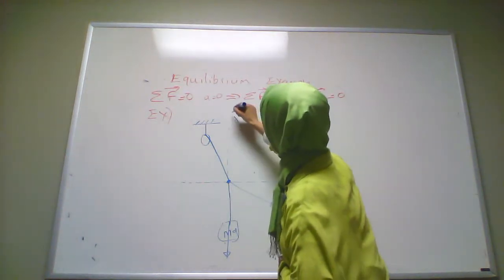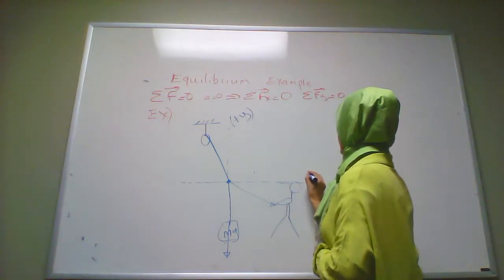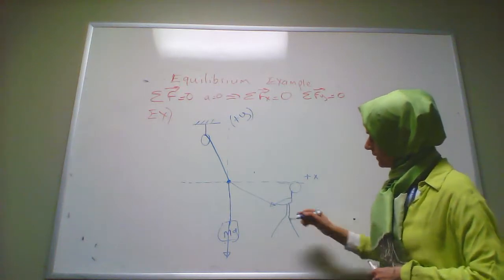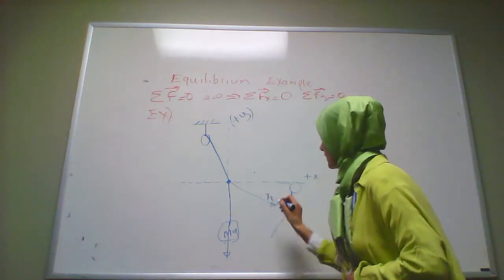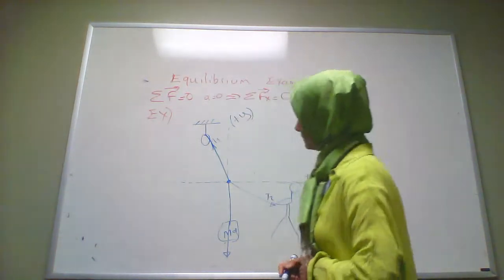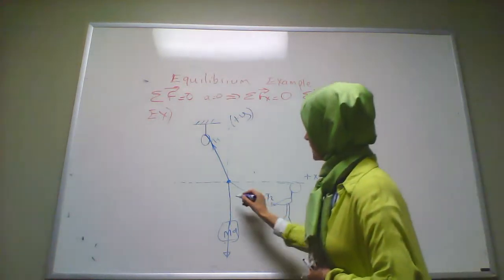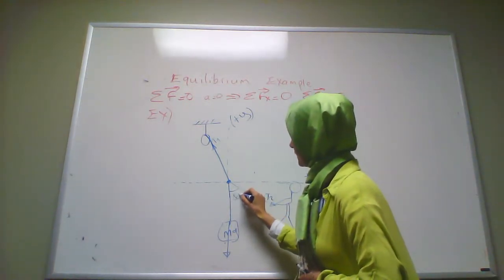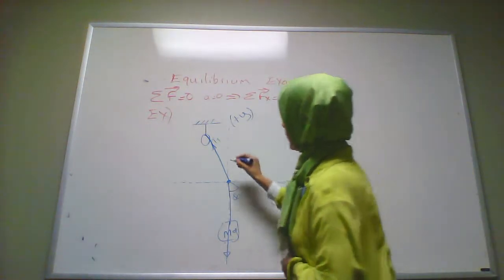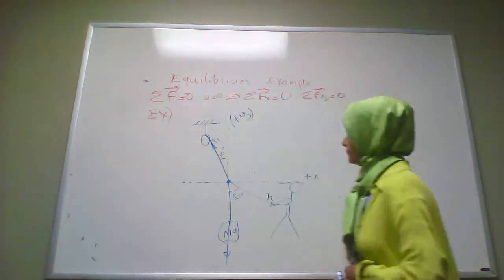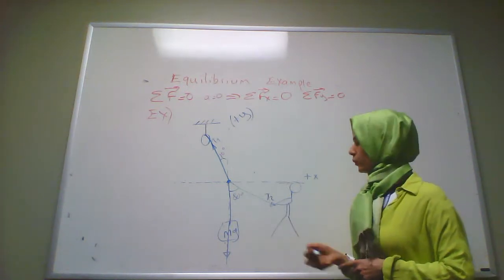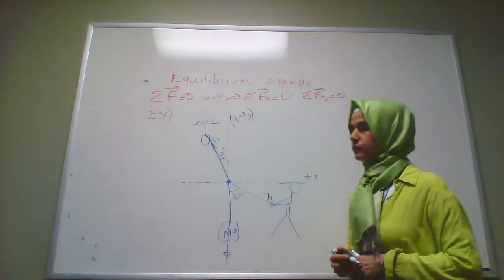Generally we take the general coordinate system directions to be positive in equilibrium questions. We have a tension force T2 here where the person is pulling, and another tension force T1. The angles are given as: here we have an 80-degree angle with the y-axis, careful about that, and a 10-degree angle with the y-axis. So a person is pulling a mass mg with a rope where we have a tension T2.